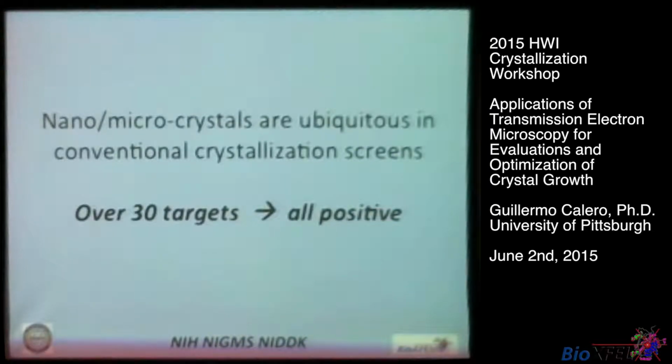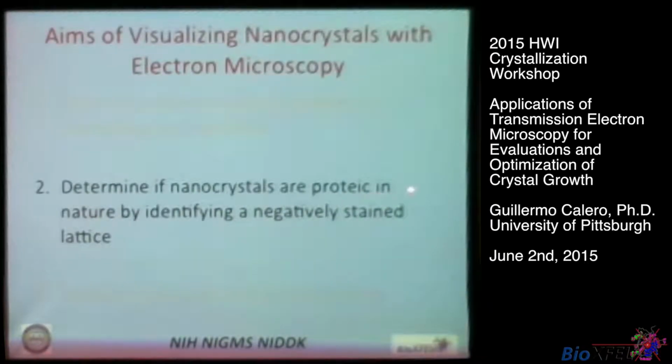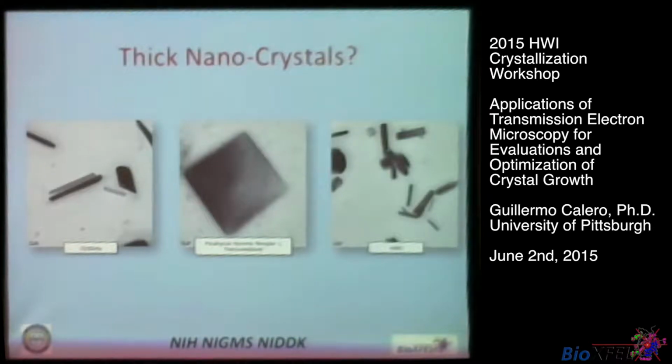The next question is, we needed to determine if the nanocrystals were protein or salt. To do this, we use a negative stain to try to observe the crystals. The problem we encountered right away is that the nanocrystals were very thick. So how do you break them?